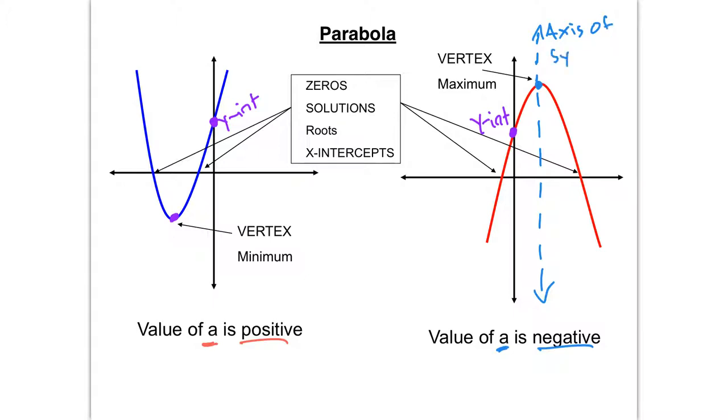And it is axis of symmetry because it cuts the parabola in half and it makes it symmetrical. So that's why it's axis of symmetry. So on the blue graph, we have the axis of symmetry through the vertex again, and it is a vertical dashed line. So let me write down here, axis of symmetry.